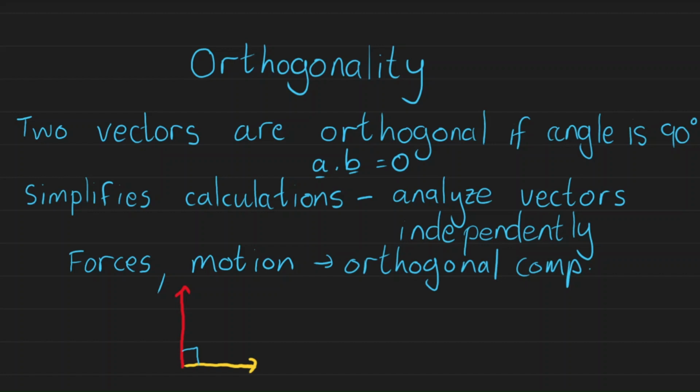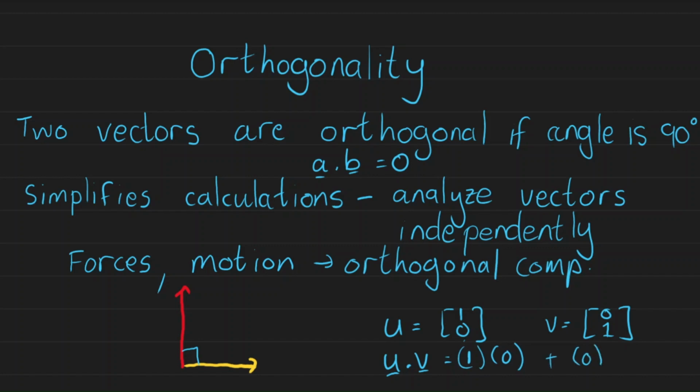So if we have two vectors, u equal to (1, 0), and v equal to (0, 1), then the dot product is u dot v, and that's going to equal 1 times 0 plus 0 times 1, which is equal to 0.